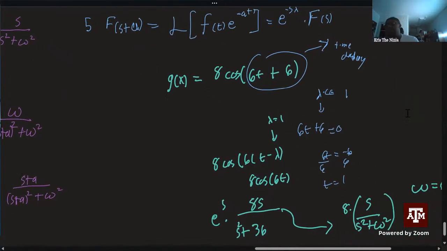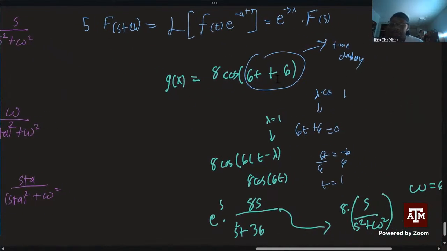And then we did a quick example. So we noticed that this is a time delay function right here. We pull that out, we set this equal to 0, we find that t equals 1.